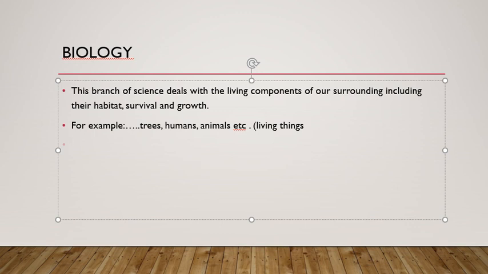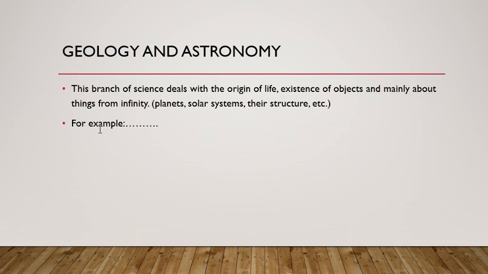Next thing is geology and astronomy. First of all, we covered physics, chemistry, biology, and the next topic of science is geology and astronomy. As we all assume that there is some life beyond this space, like there is some life in the universe, as we have life within our planet, many people assume that aliens do exist.